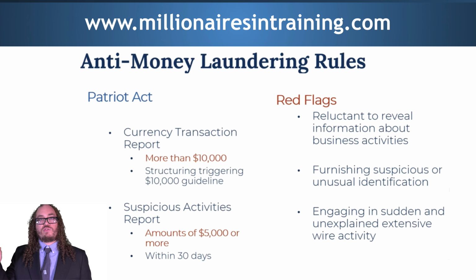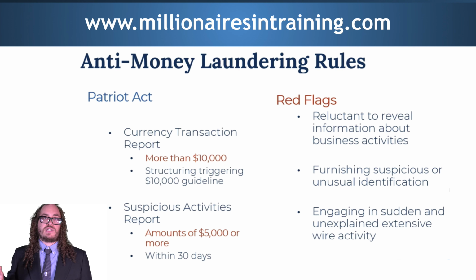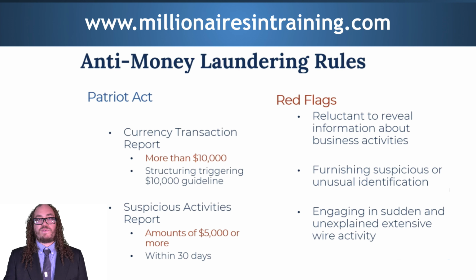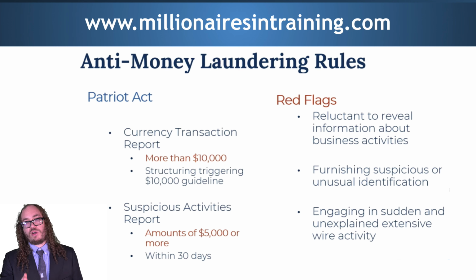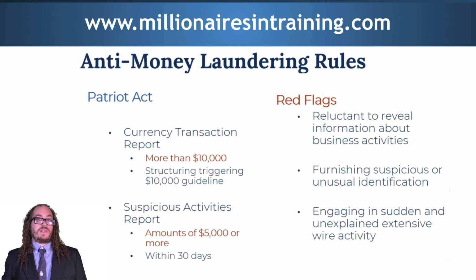Under the Patriot Act of 2001, a currency transaction report, or CTR, as we call it affectionately, has to be sent in to FinCEN, the Financial Crimes Enforcement Network, if the investor has more than $10,000 that they are investing in cash or a cash equivalent. Cash would be money, right?